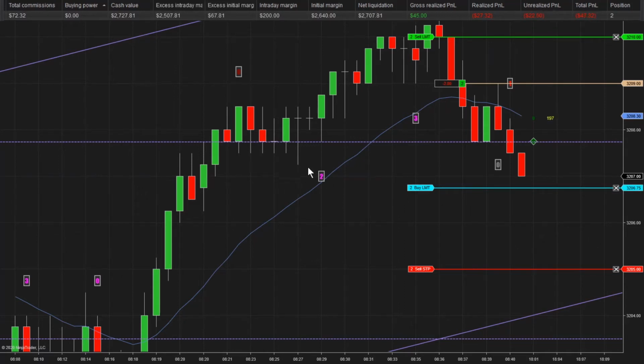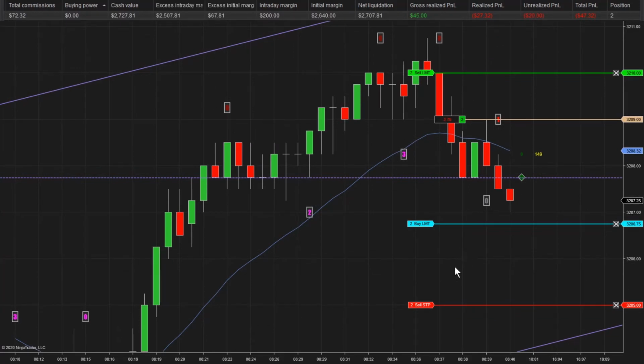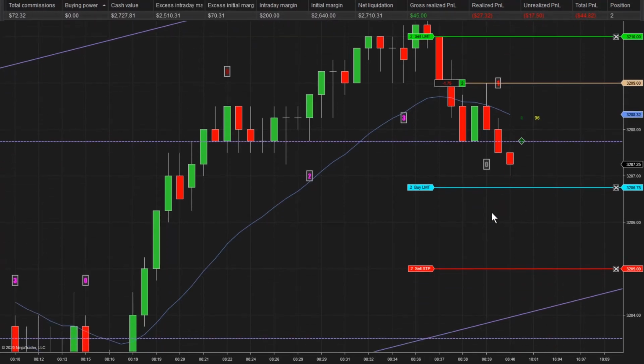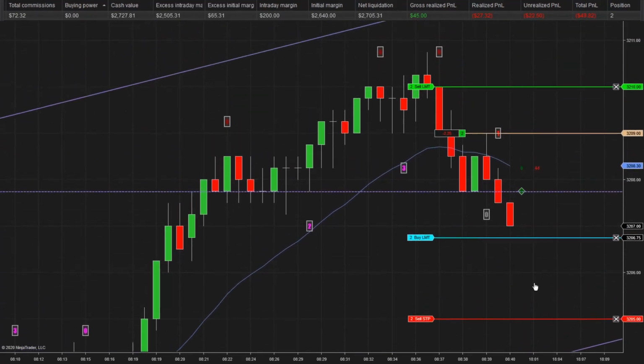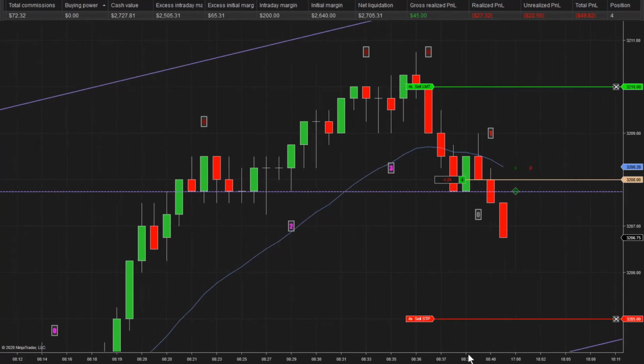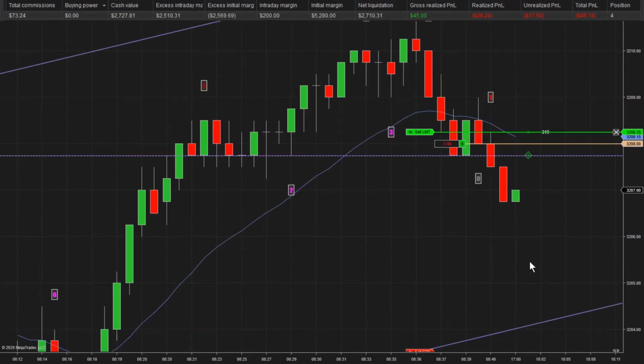Let's put 2 ticks under this right here. It's off by 1 tick so far, but order filled. So now my break even's right here, and I'll scale in one more time.